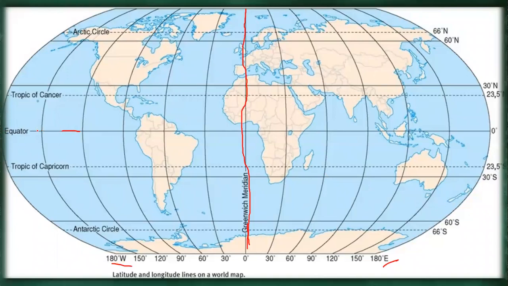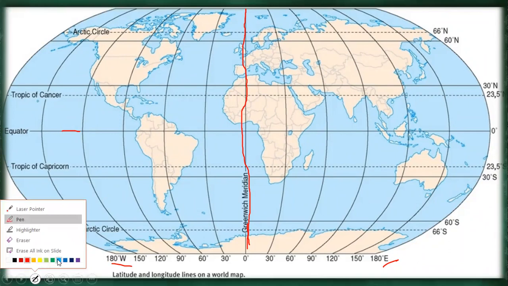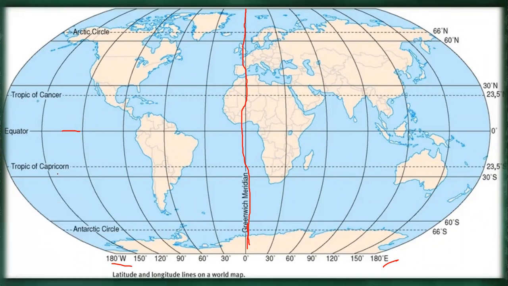Then we have the equatorial line. As you can see, I'm drawing. It divides the world into the northern side and the southern part. Then these are the degrees. This is how we should write the degrees.